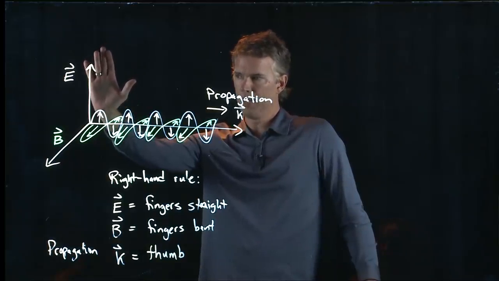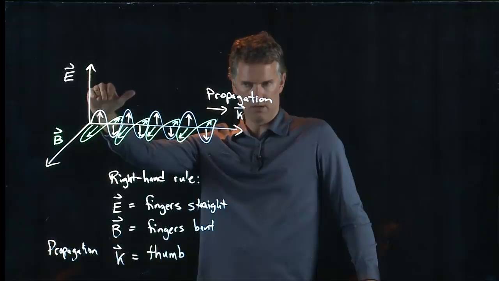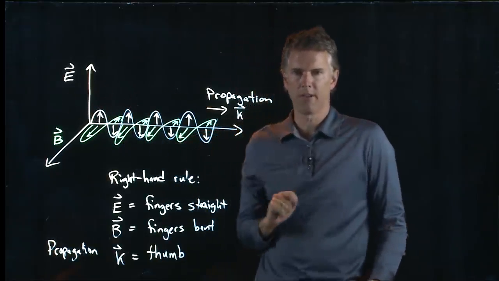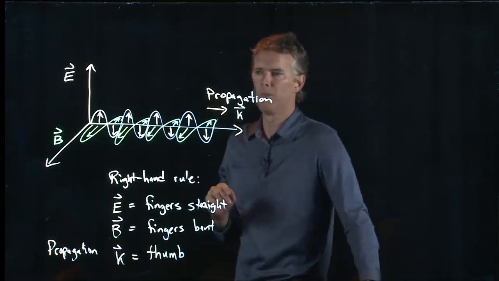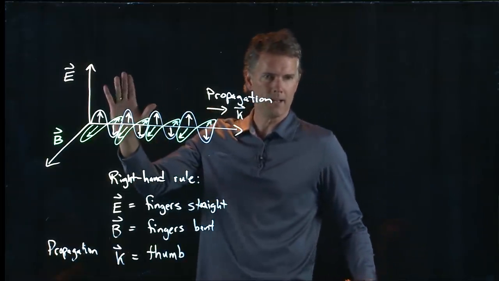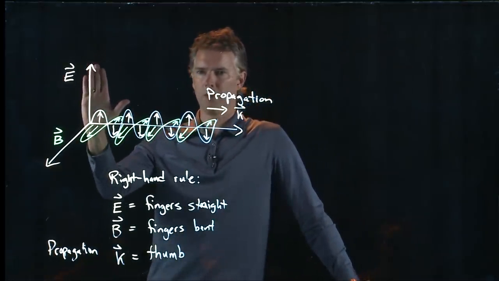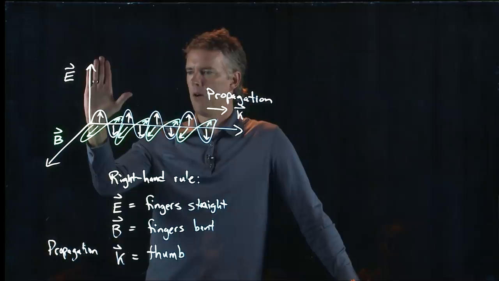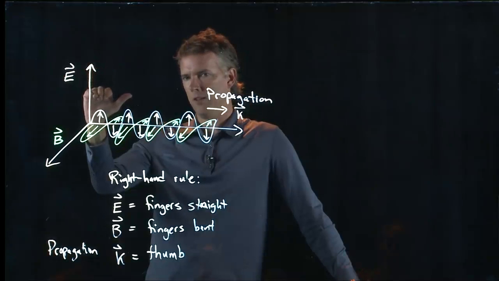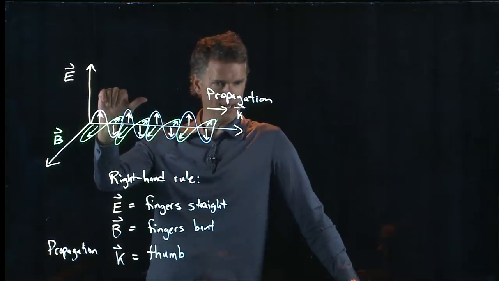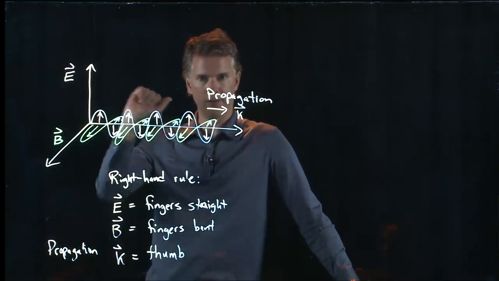I have a B field that is coming out of the page, and therefore my thumb gets me the direction of K. So everybody look at the computer monitor, hold up your right hand, okay, and try that. Put your fingers straight up in the direction of E, and now bend your fingers in the direction of B. Your thumb should be pointing in the direction of K. Is that what everybody is seeing?